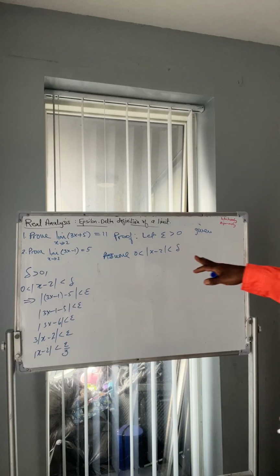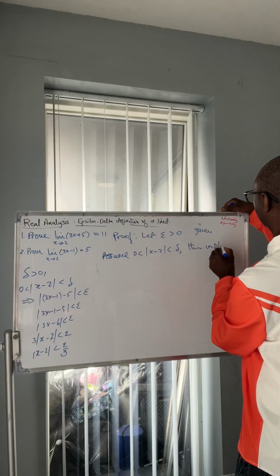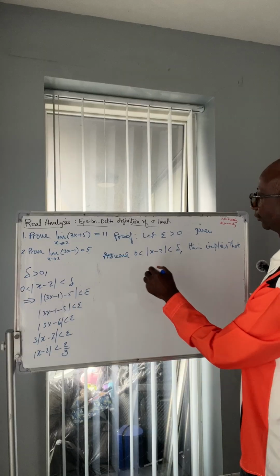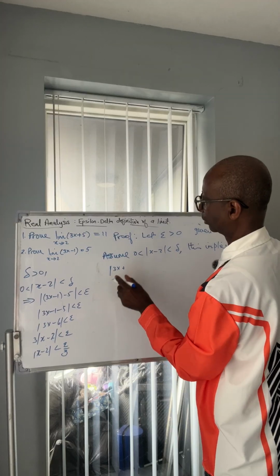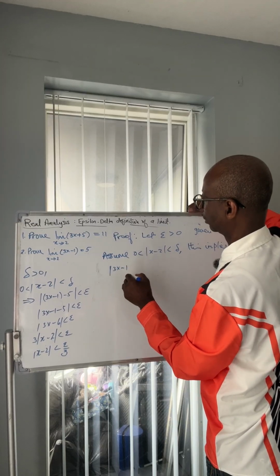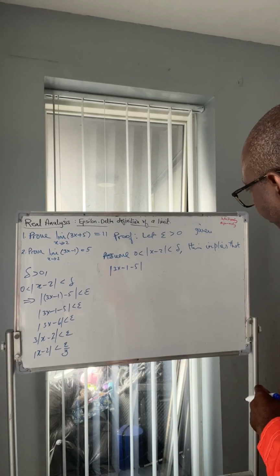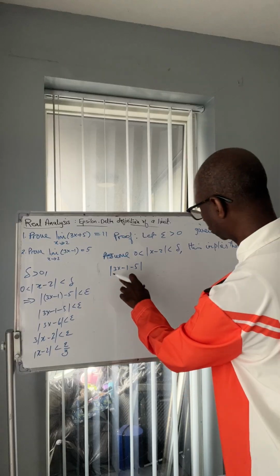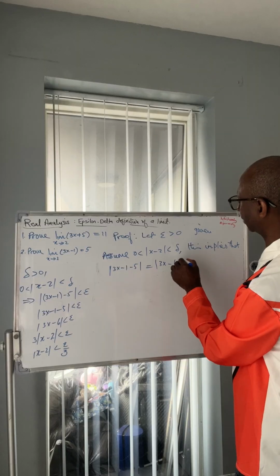So this implies that the absolute value of 3x minus 1 minus 5, if we assume that one, is equal to the absolute value of 3x minus 6.